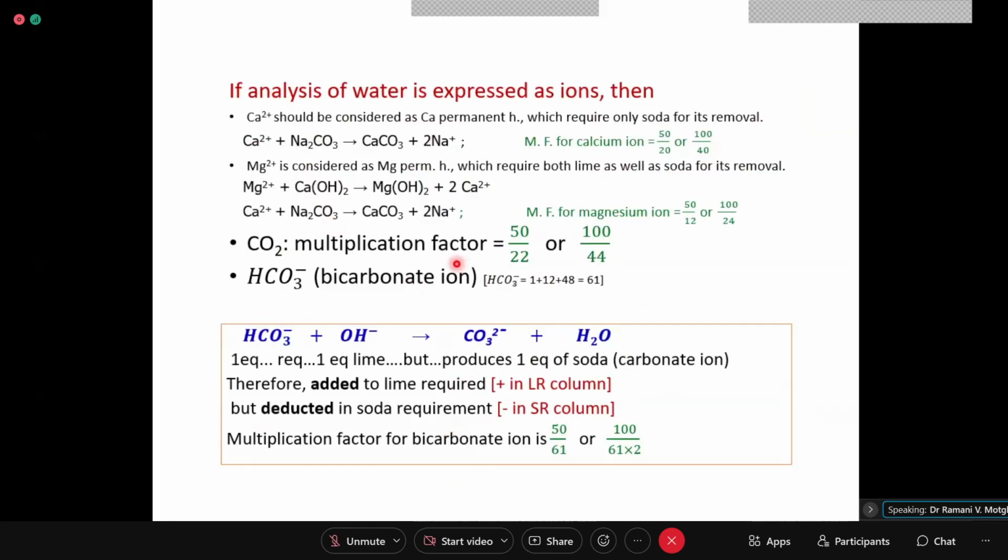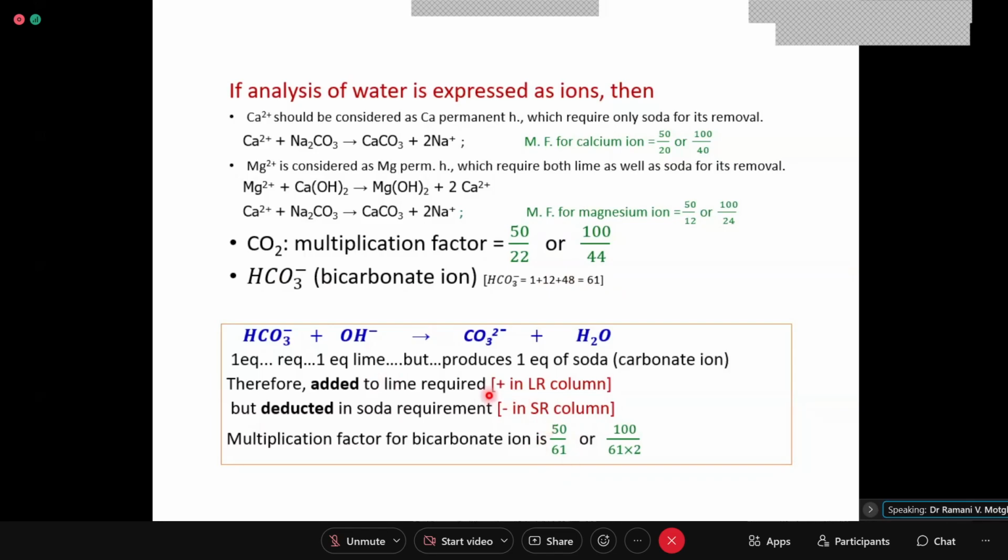Then if the analysis is given in ions, then calcium and magnesium should be considered as permanent hardness, and if carbon dioxide is present in your raw water, its multiplication factor is 100 by 44 or 50 by 22. If bicarbonate ion is there, then it should be multiplied by 50 by 61.